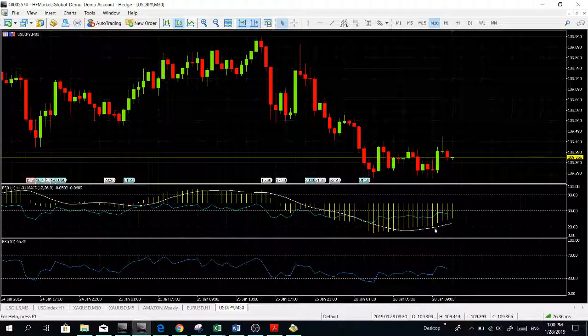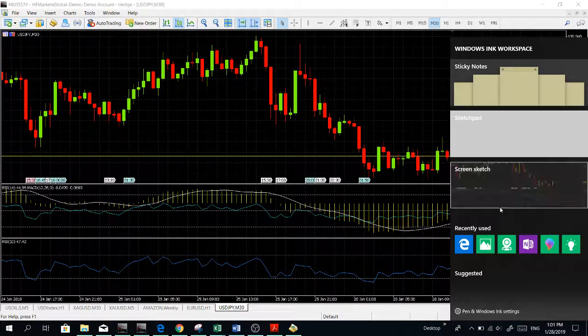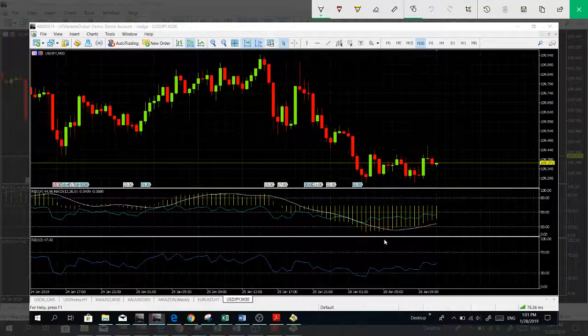Usually, if the MACD and RSI confirm each other, like here, this white line is the MACD line. You can see it is confirmed once, and here for the second time. The MACD is confirming the buy, showing the downtrend is going to become an uptrend.